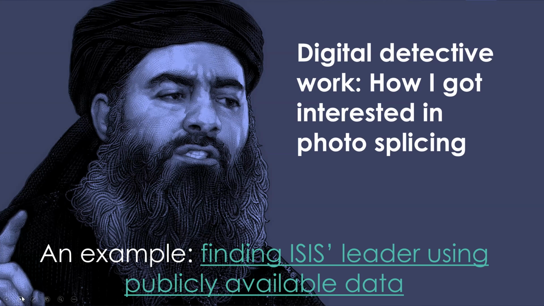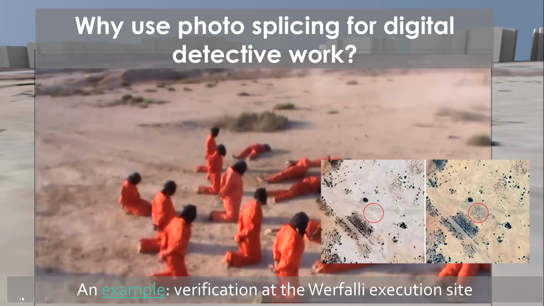Where photo splicing comes into this is that in the community of people who do this type of digital detective work, there's a real interest in looking at photos and videos and trying to figure out where they were taken. This is an example from a group called Bellingcat, who've been in the news recently because one of the things they do is debunk disinformation by the Russian government and others around the world.